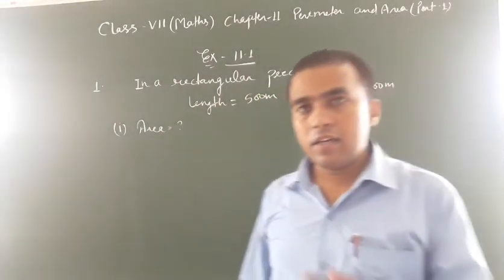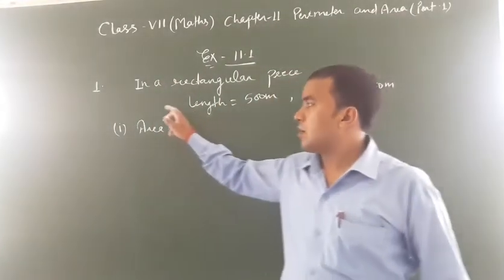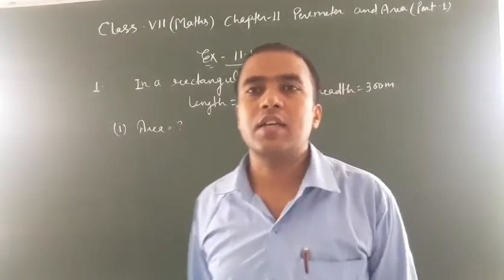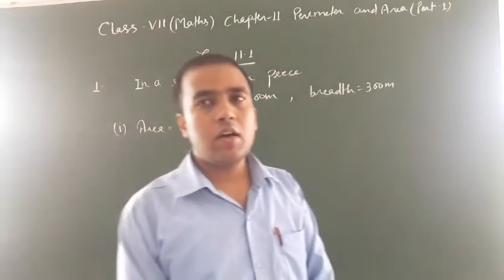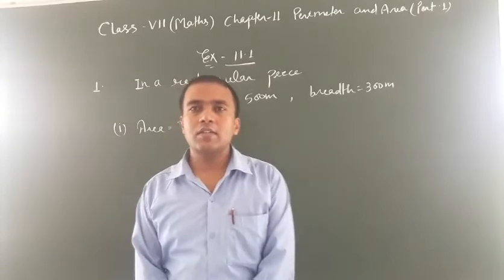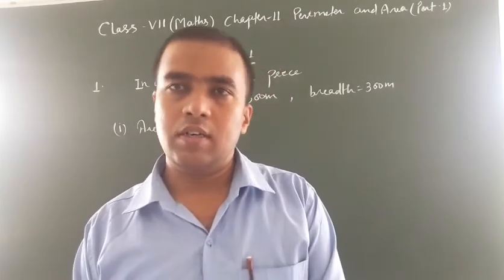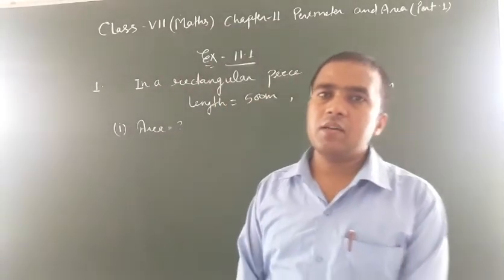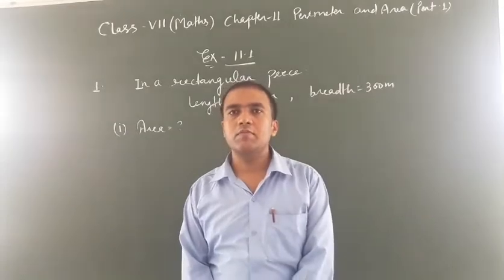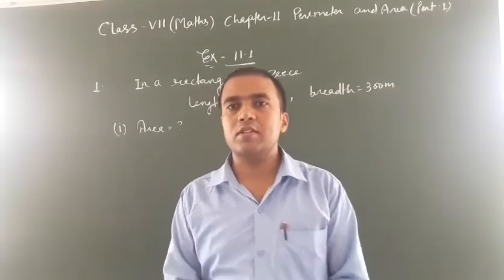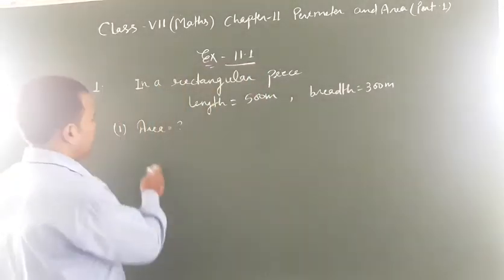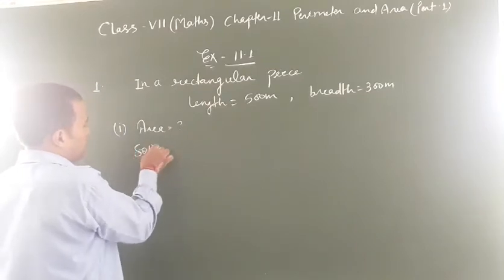Earlier I told you the formula of a rectangle. Clear? First of all, think what is the area of a rectangle. Area of rectangle means L into B, length into breadth. So we will start the solution.